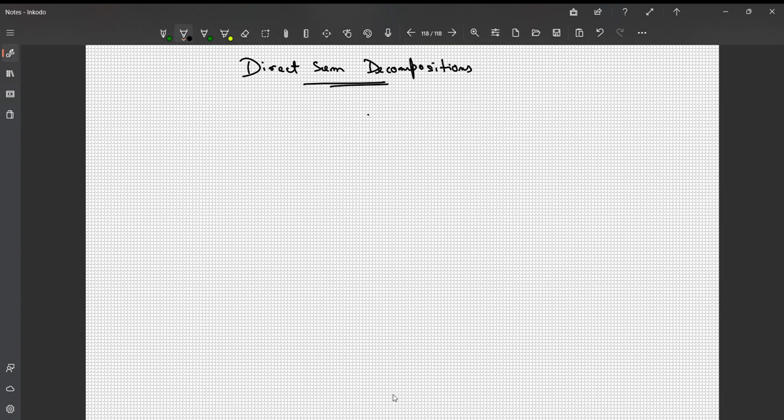So the first thing we are going to study is direct sum decomposition. You can think of this as topic 1. So we start with the definition. Suppose we have some k subspaces of a vector space.